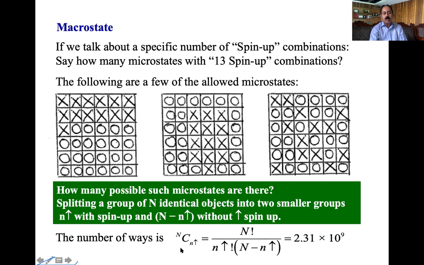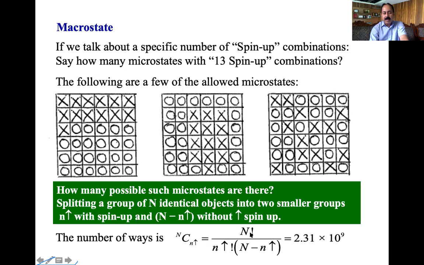It means that out of the total number of cells N, we are considering small n up arrow as the number of spin-up cells, say 13. So how many ways can we arrange them? Simply NCR, as we are taking here.